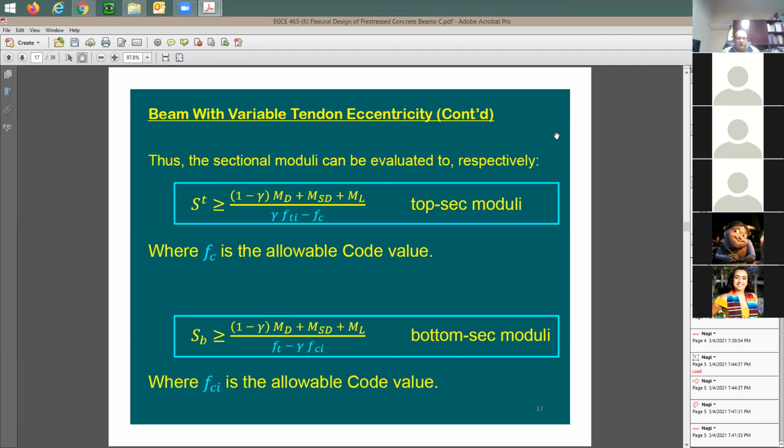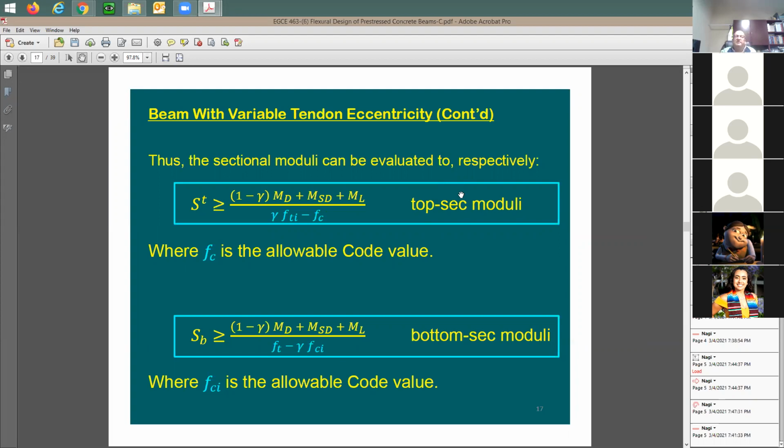So what I'm trying to say here is that you have this tool, and instead of just throwing a beam size here, there is a way of coming up with the minimum required section properties. It doesn't mean that you're going to go really to this minimum required section properties. Otherwise, you may have lots of cables and strands.